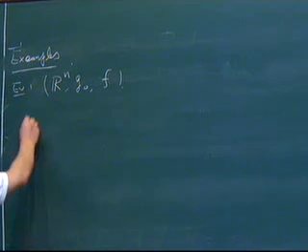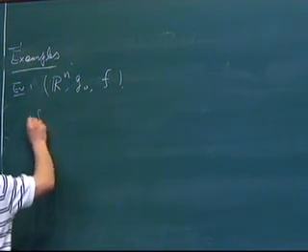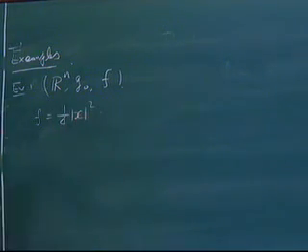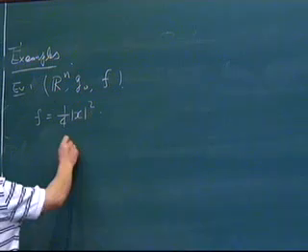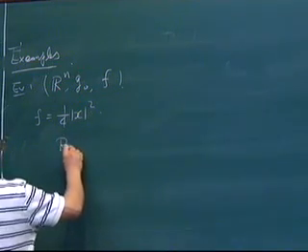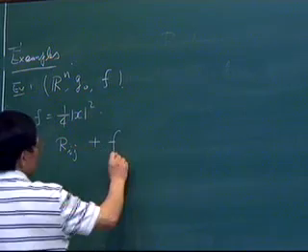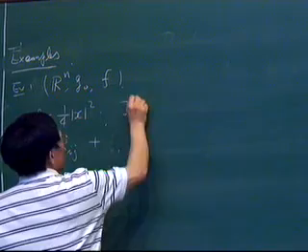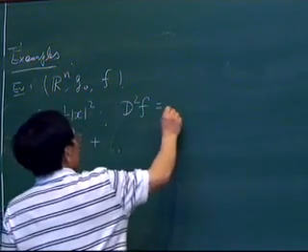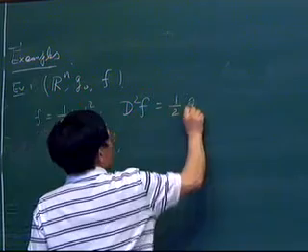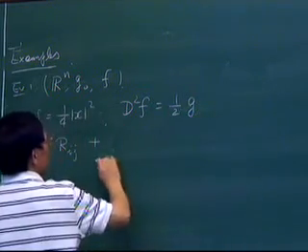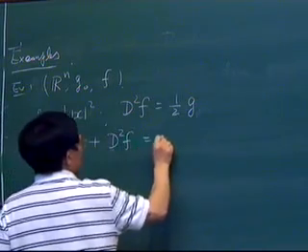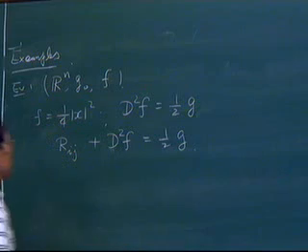If you take f equals 1 over 4 x squared, you have Ricci, which is 0, plus Hessian of f is equal to g. So you have this one. So it is a shrinking soliton.